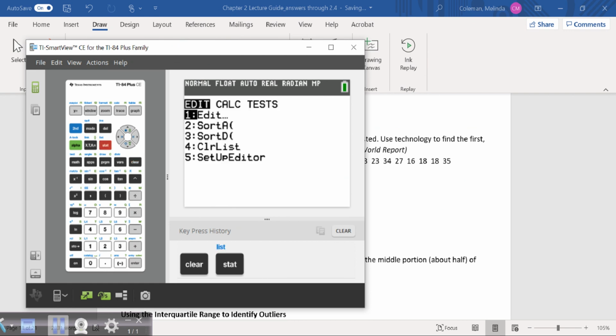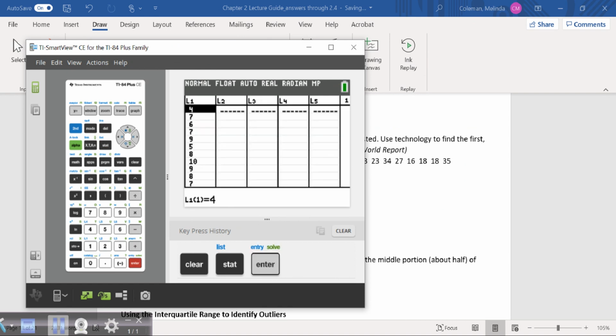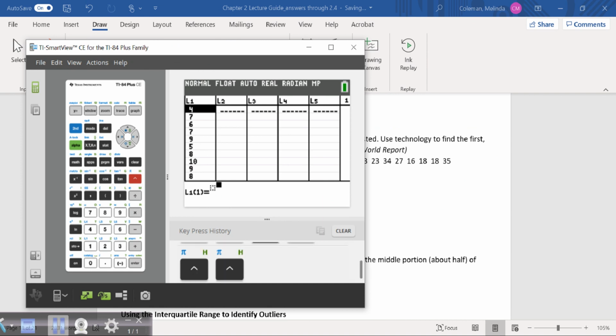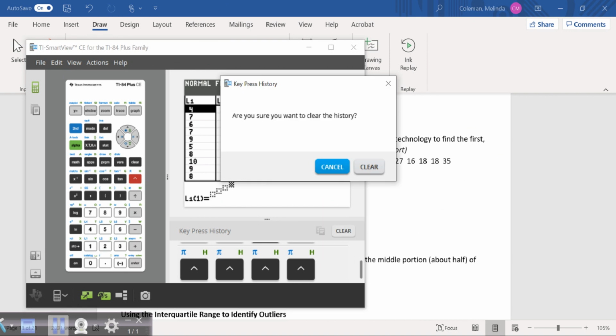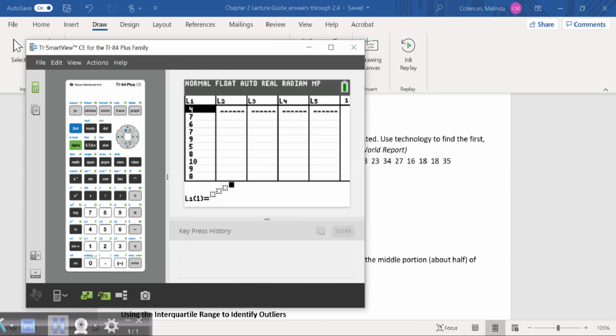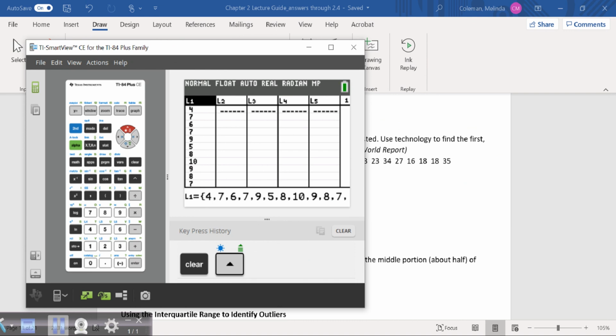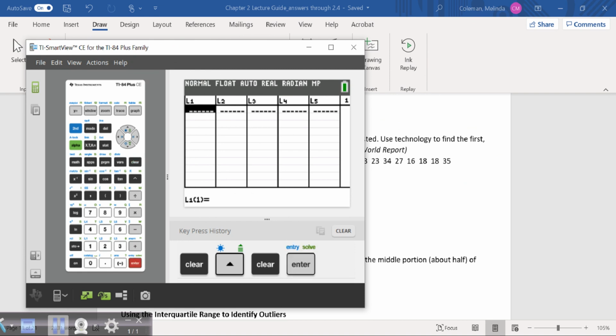So if we do stat, again, edit, I'm going to clear this list. So remember to tab up to the top of the list, hit clear, and then hit enter, and my data clears out.